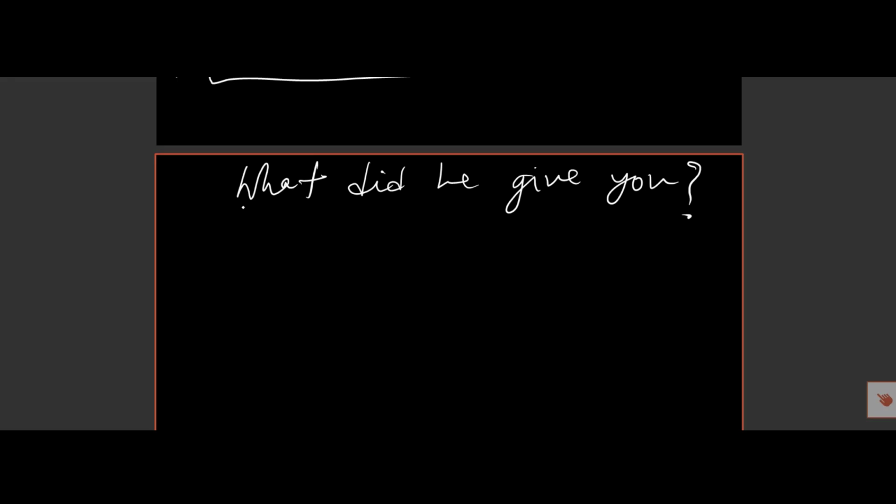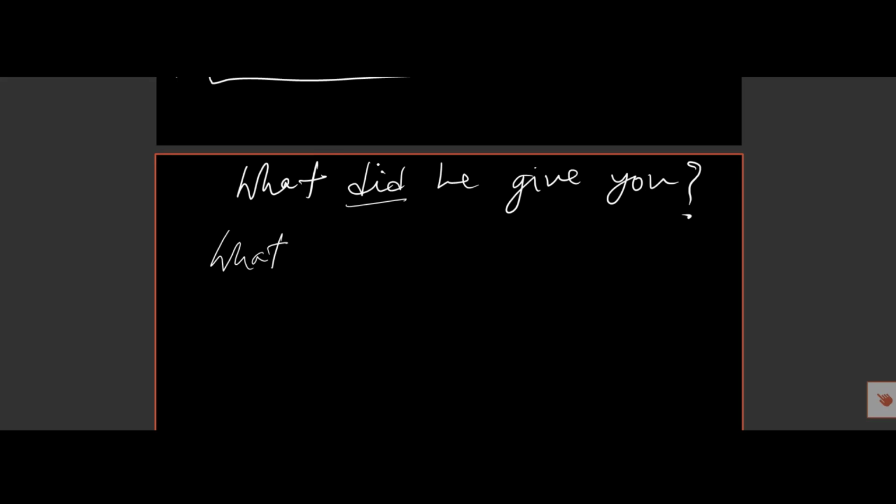Now let's see some examples. What did he give you? This sentence is in the active voice, and as there is did, it is in the past indefinite. So we must begin the sentence with what.